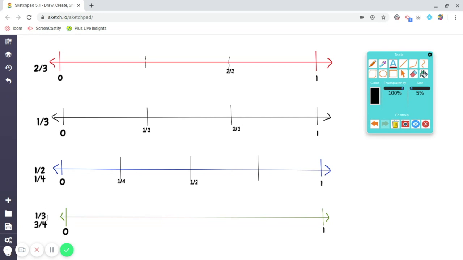My denominator is 3, so I know I have to break up this line into 3 equal parts. And so I'll make a line very similar to my problems at the top. Make a line about right here. Whoops, that's a little lopsided. We'll just keep that for now. Pretend it's straight.